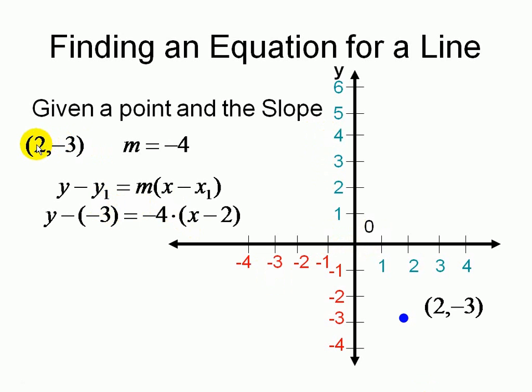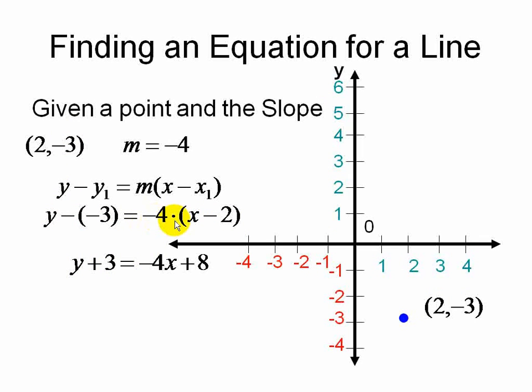All we do is here substitute 2 for x1, shown here, and -3 for y1, shown here. Now the y minus -3 is just a y plus 3 on the left side, and -4 times the quantity x minus 2. To get rid of the parentheses, we use the distributive law.